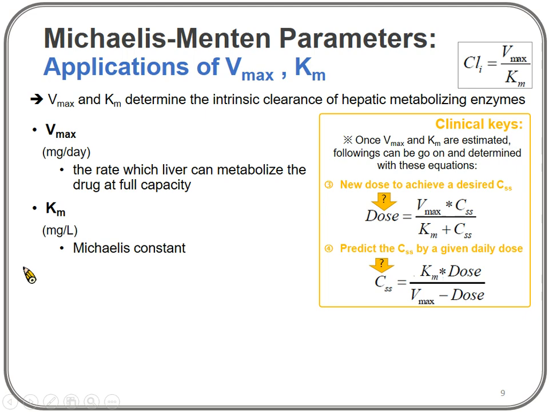equations here. So these are two common scenarios clinically often needed: we would like to know the new dose regimen needed to achieve a desired or assigned steady state concentration as your goal, or you have the new regimen ordered and you would like to predict the new concentration at steady state.